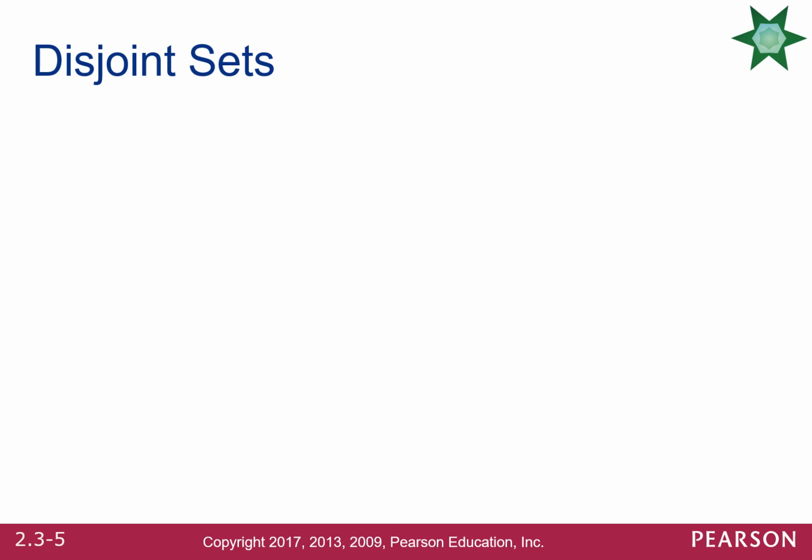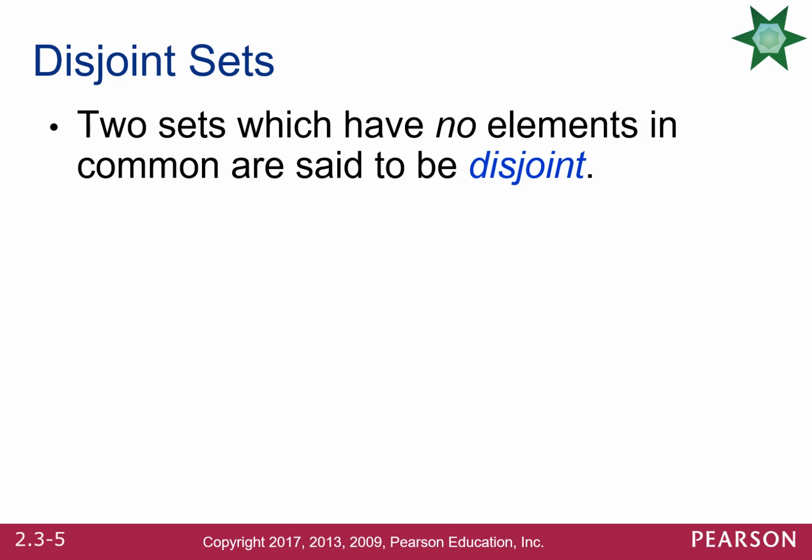Now, the first relationship that we will talk about between sets is called disjoint sets. Now, disjoint sets are sets which have no common elements between them. All right, so let's see what comes up here. It says two sets which have no elements in common are said to be disjoint.